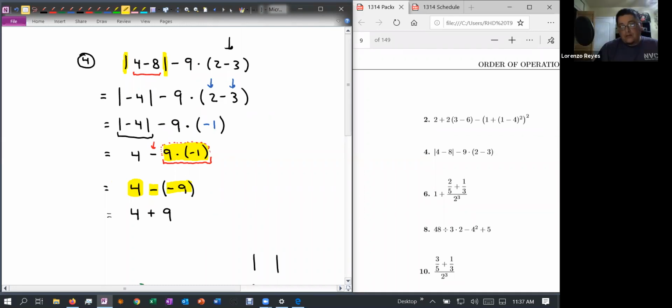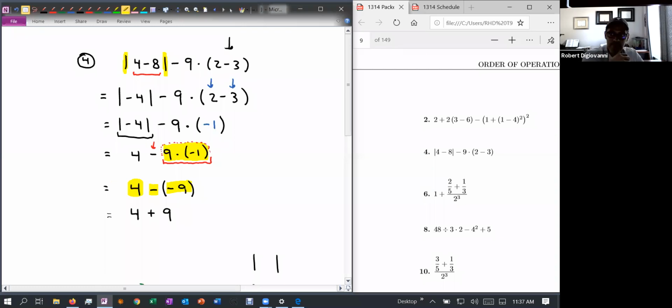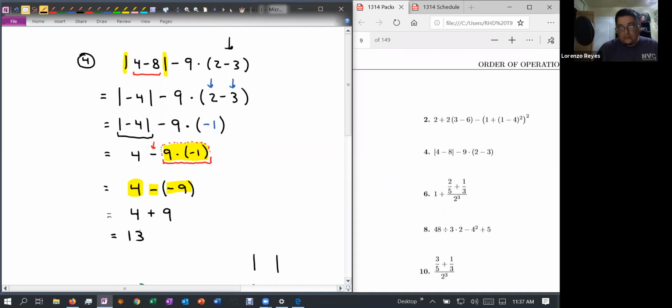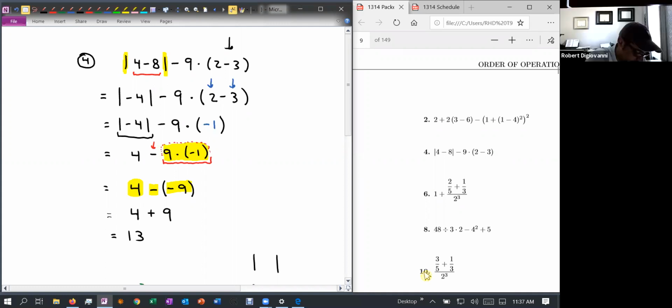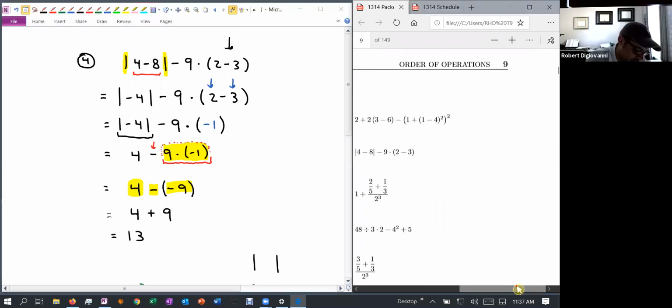Yeah. It's like if I owe somebody a negative amount of money, that means I need to give them money. So it gets weird if you think of this in terms of money. We're done. The answer is 13, right? Mm-hmm. Okay. All right.